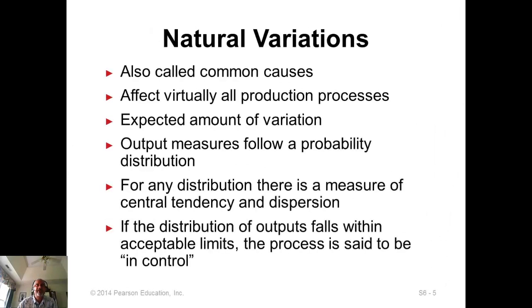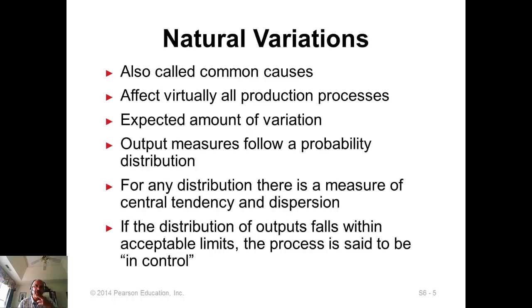Natural variations or common causes are actually present in every production process. They cannot be eliminated. You have to expect a certain amount of variability due to natural causes. Now, output measures always follow some sort of probability distribution, and those distributions will have a central tendency, the values fluctuating around a central value.